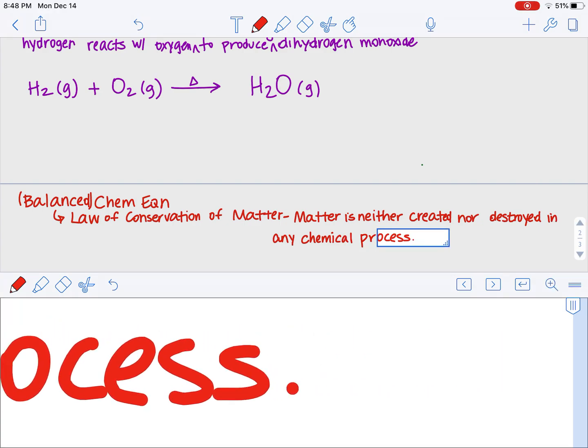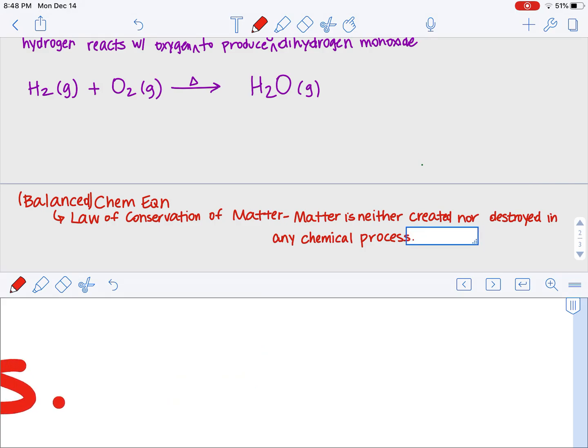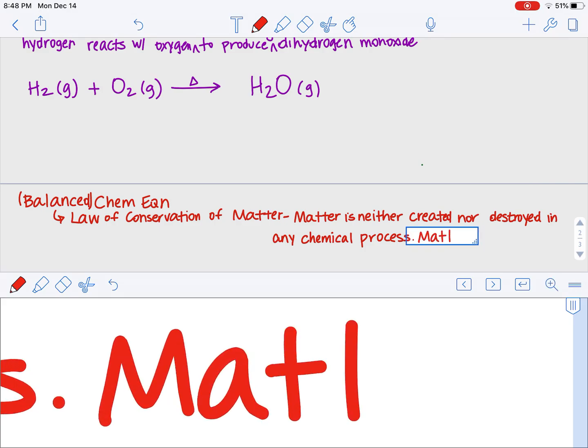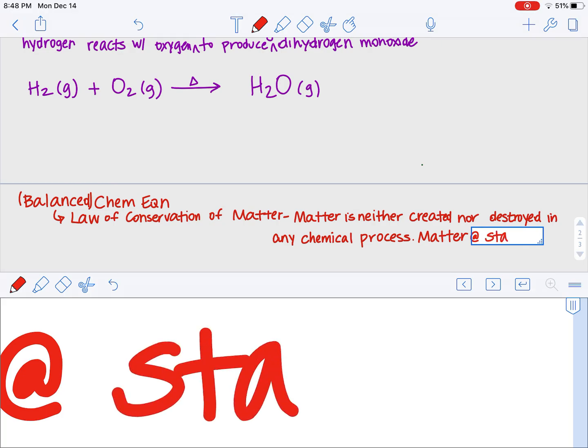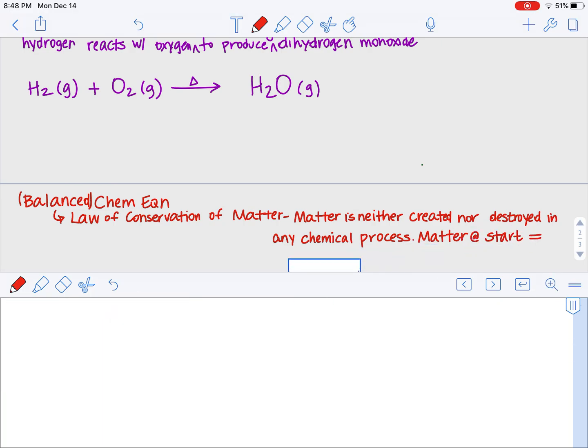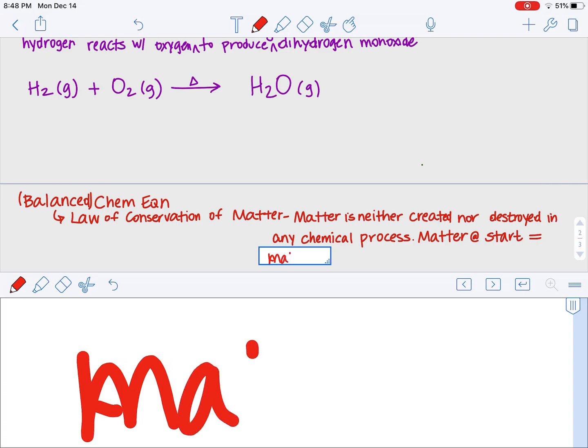In other words, the matter at the start is equal to the matter at the end.